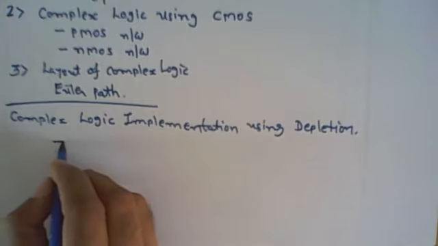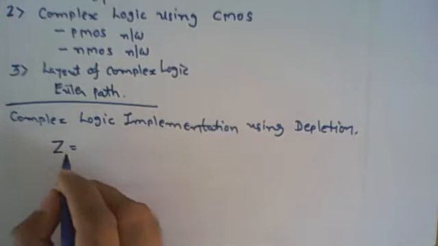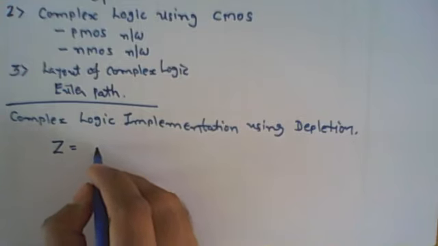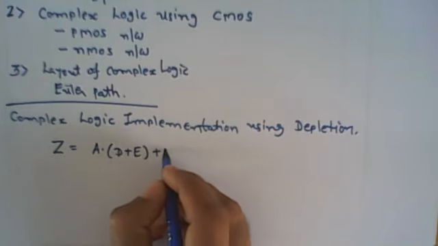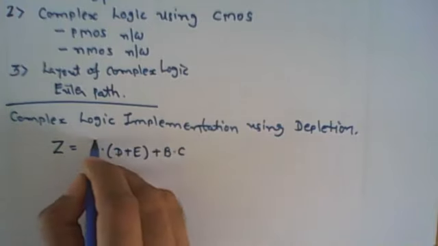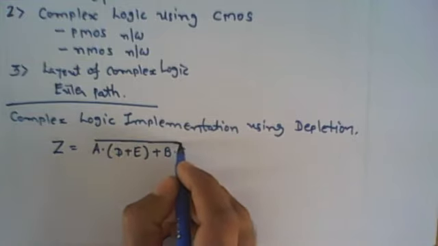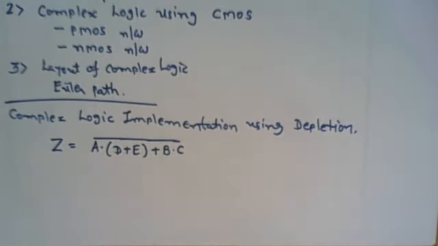Our output function Z or F is equal to A into D plus E plus B into C, and its complement. So we want to implement this Boolean function using the depletion load inverter.